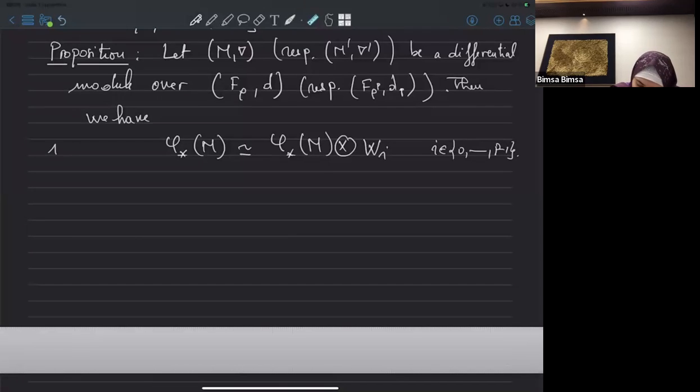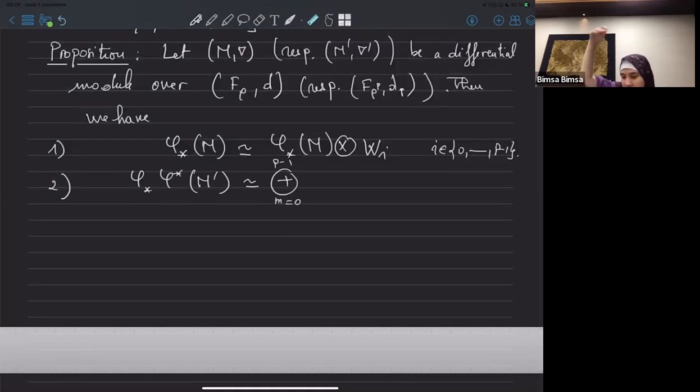Then this is the first one. This is the second one: if I have something like that, prime, then it is the direct sum. I pull back, after that I push forward, but if I push forward, it will be many of them. It's just the translates of many copies.